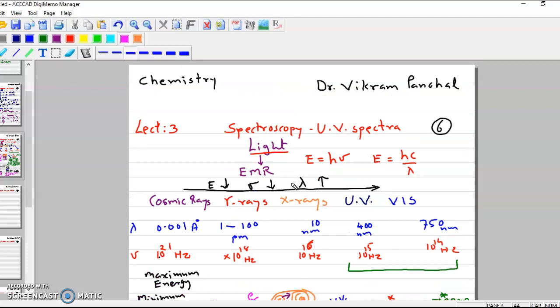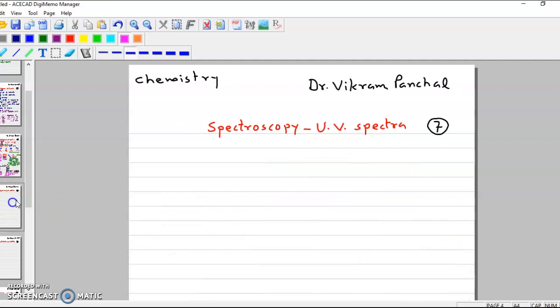Now we will see what happens when a molecule absorbs these radiations.